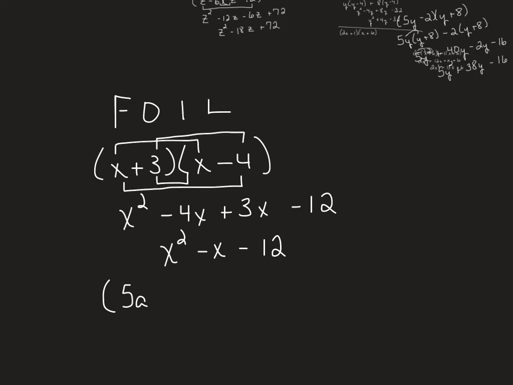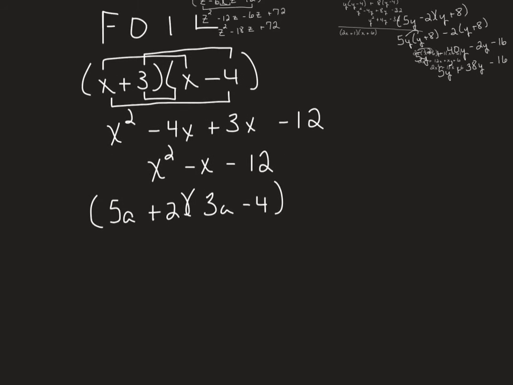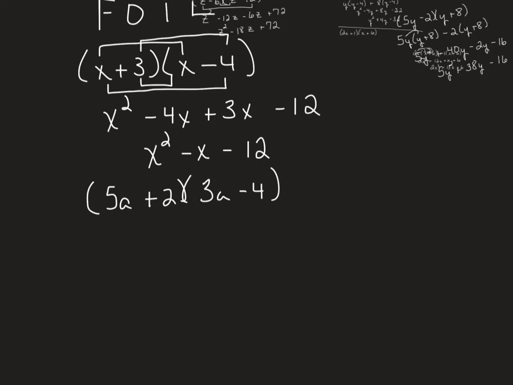5a plus 2 times 3a minus 4. Move this up just a little bit. Remember, first terms together, 5a times, I'm sorry, that's not the first terms, is it? Let me move this over. 5a times 3a is 15a squared.